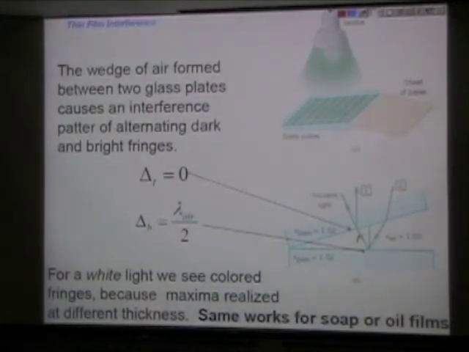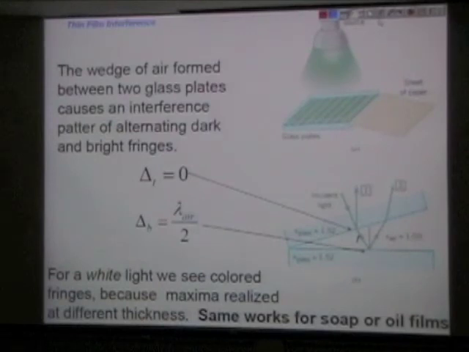How does it happen? Well, in general, this kind of air wedge is just an example of a thin film. However, the thickness of this film varies. We just calculated that for a specific thickness, orange light gets amplified, which means for a different thickness, blue or green or yellow light will be amplified after the reflection. So depending on the thickness, if you look down, at some point you can see red, at some point you can see green, and that's how we see those colors.